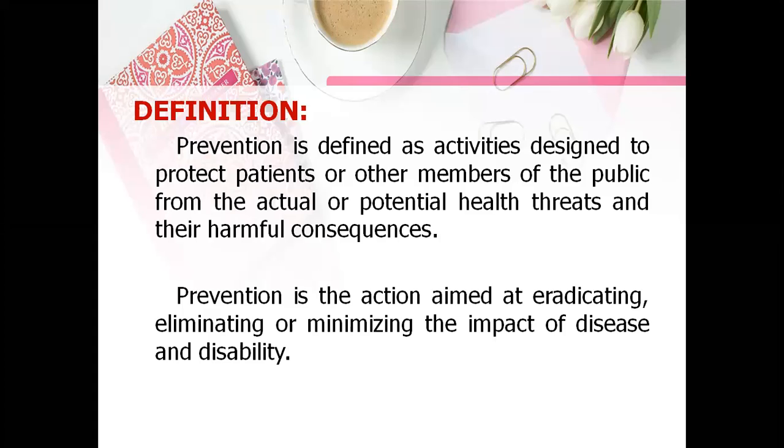So I think everyone is already familiar with the four levels, in which we have the primordial levels of prevention, the primary, secondary, and the tertiary. Last class, we briefly discussed what we mean by prevention.